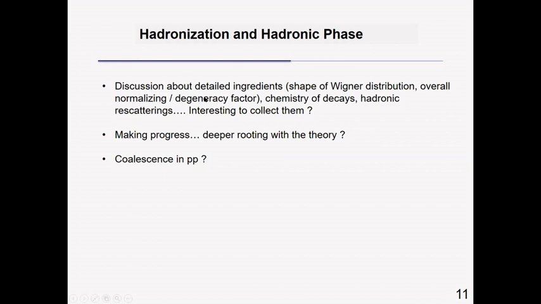I think having a collection of detailed parameters might help a little bit in building some collective view.